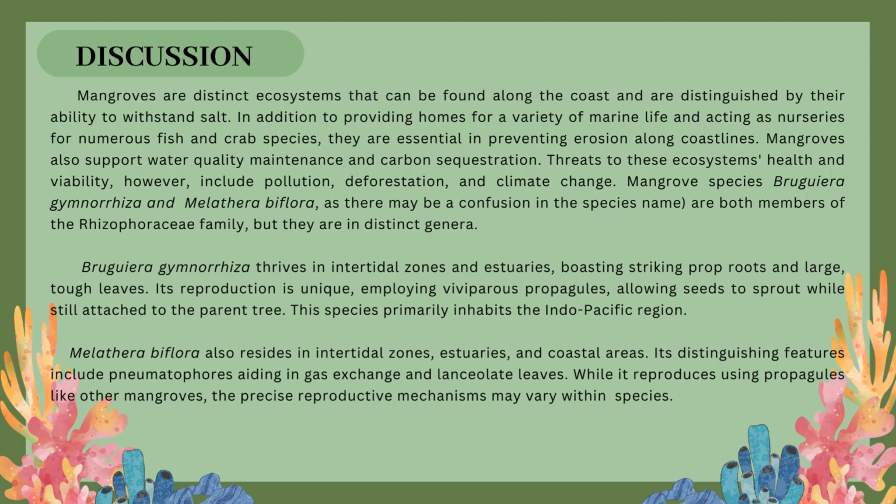Mangroves are distinct ecosystems that can be found along the coast and are distinguished by their ability to withstand salt. In addition to providing a home for a variety of marine life and acting as a nursery for numerous fish and crab species, they are essential in preventing erosion along the coastline. Mangroves also support water quality maintenance and carbon sequestration.